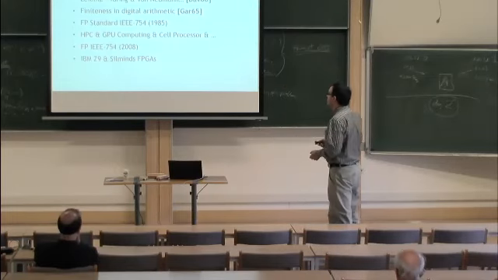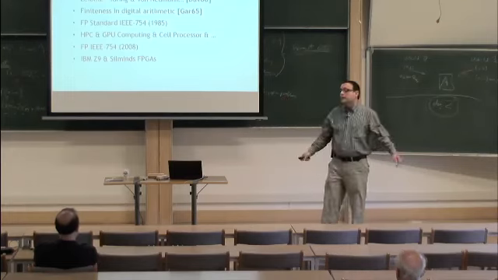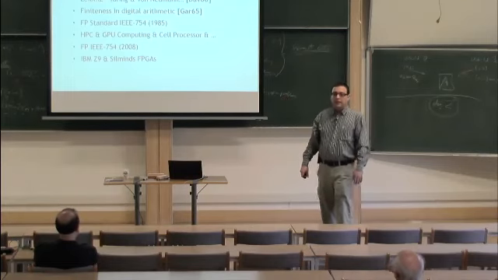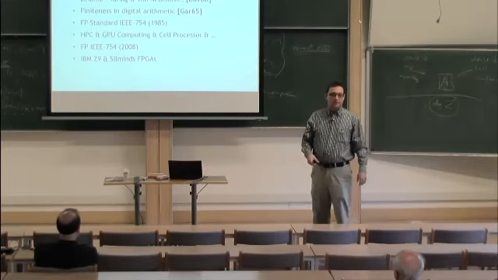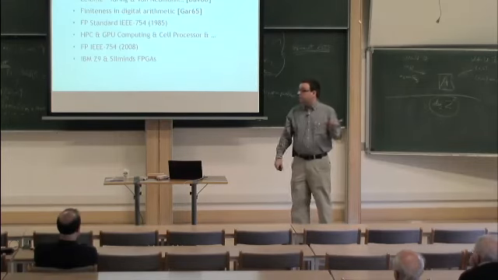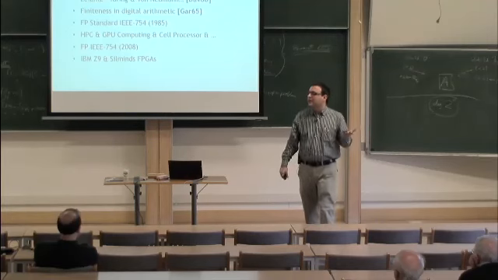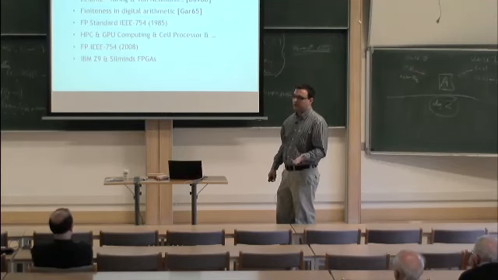Then we have the floating point standard in 1985, and since then we haven't had anything new. We have used this standard for floating point, and in today's computers we have the same floating point unit.